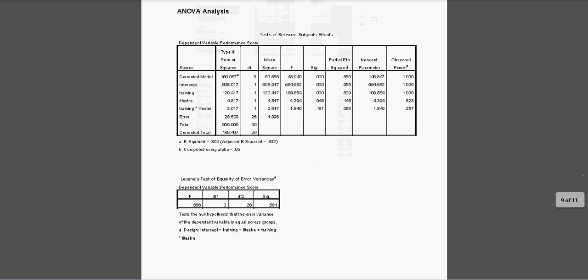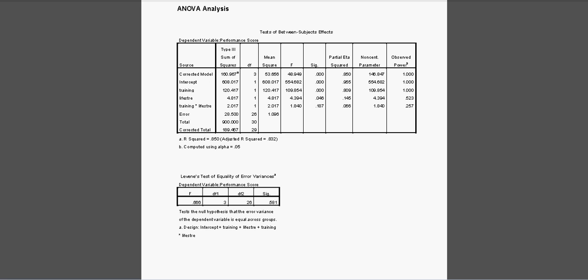So given that, let's go down and look at our ANOVA. Now the big thing about a two-way ANOVA is that there are three hypotheses that you are testing. You are testing a null hypothesis for each of the independent variables and one for their interaction. So for training, you would say that your hypothesis is that the no training group equals the training group. For life stress, you would say the low life stress group mean equals the mean score of the high life stress group.